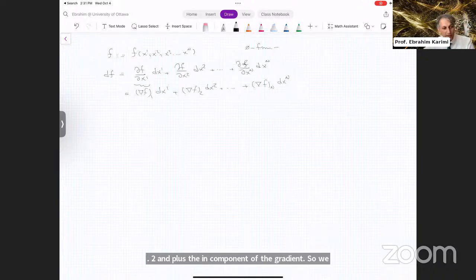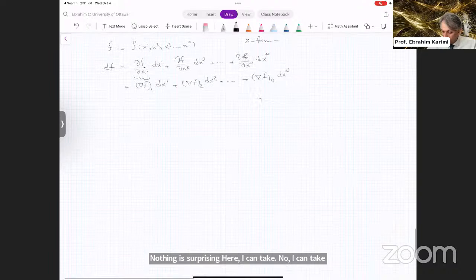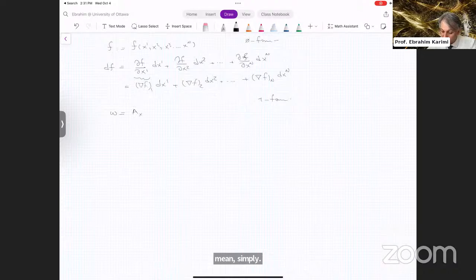Nothing is surprising here. Now I can take the derivative of the one form. Assuming that I have a one form omega, simply Ax dx, Ay dy, Az dz, and now I'm taking the derivative of omega.